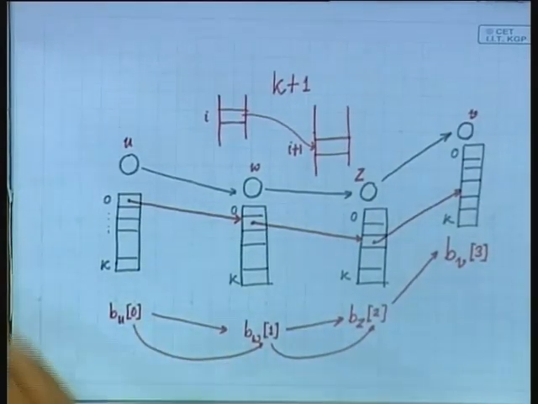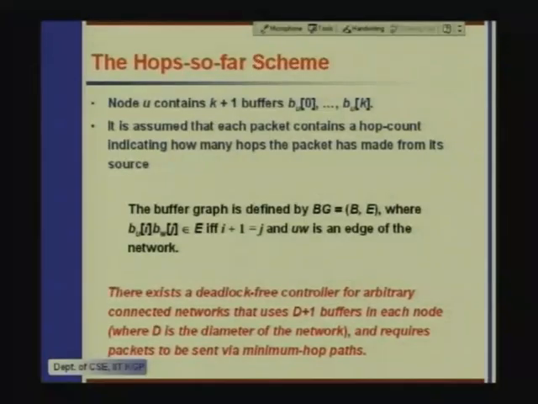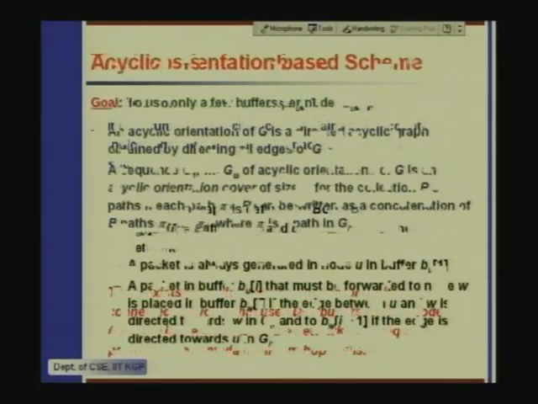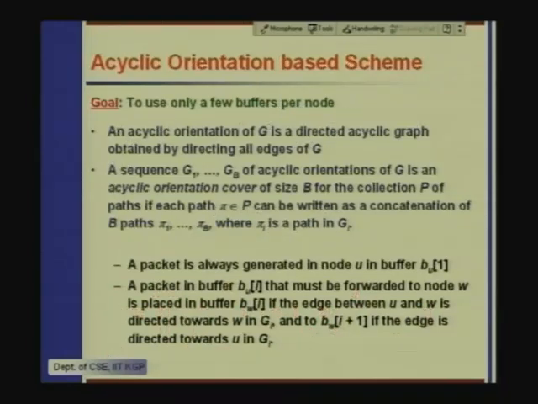Now, the next question is, we have reduced the number of buffers. In the first scheme it was n, in the second scheme it has come down to k, where k is the length of the longest path. Can we reduce it further? There is another scheme which is worth mentioning here. This is called an acyclic orientation based scheme.